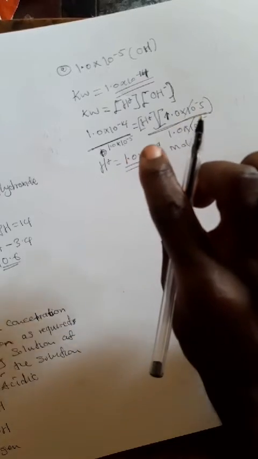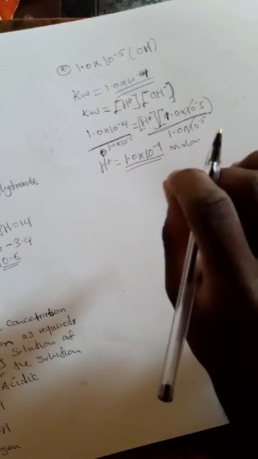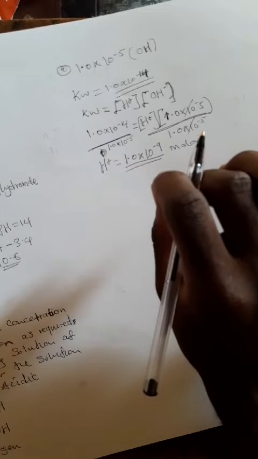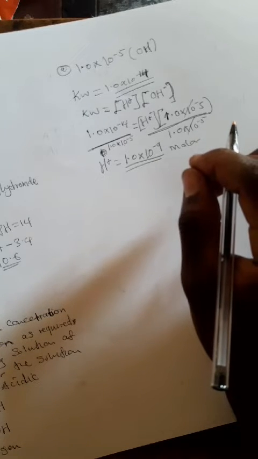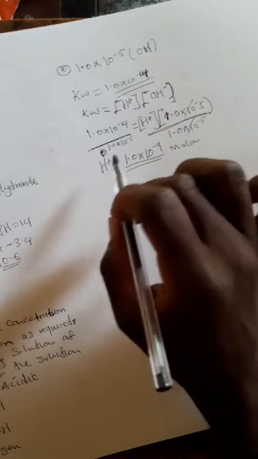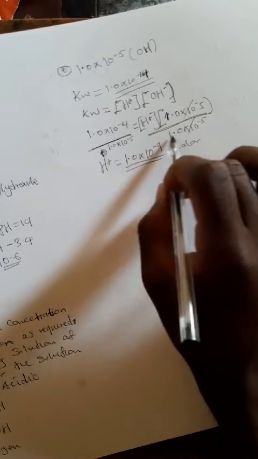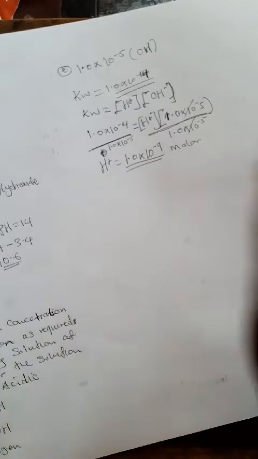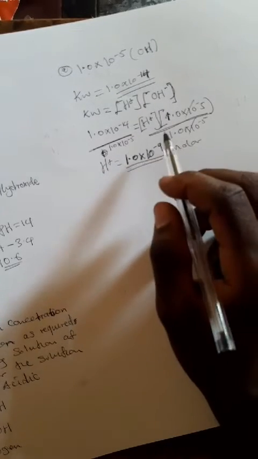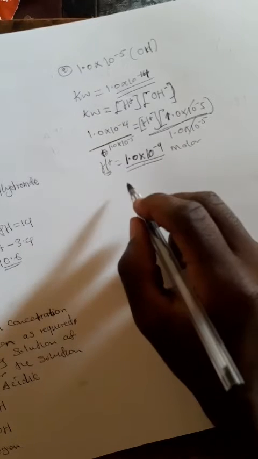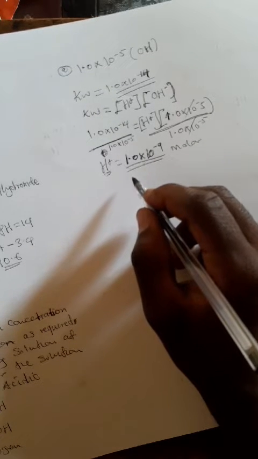So now, remember the question says, state whether the solution is acidic, basic, or alkaline. For us to assess if the solution is basic or acidic, we need to compare the hydrogen ions and the hydroxide.